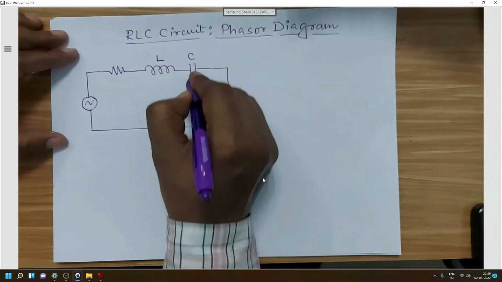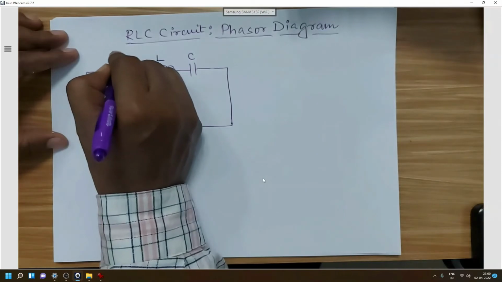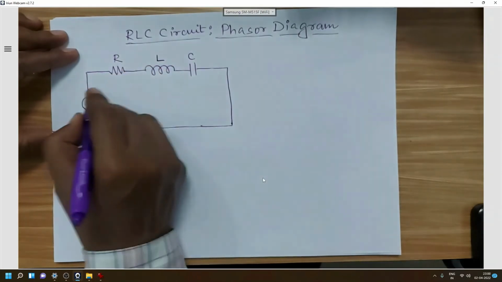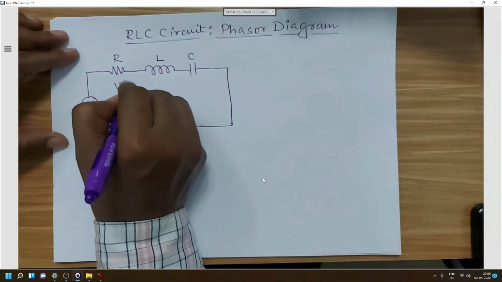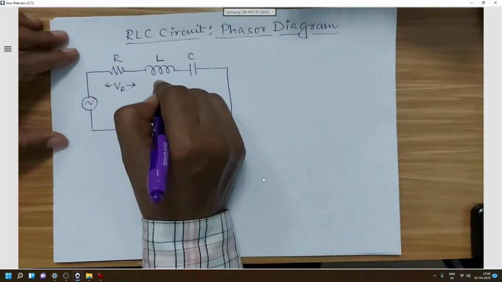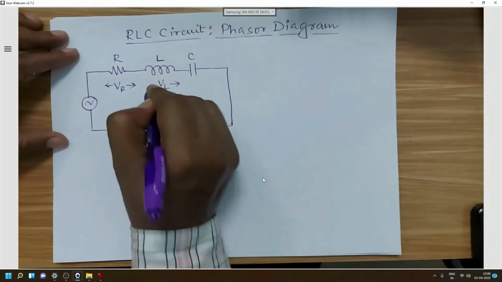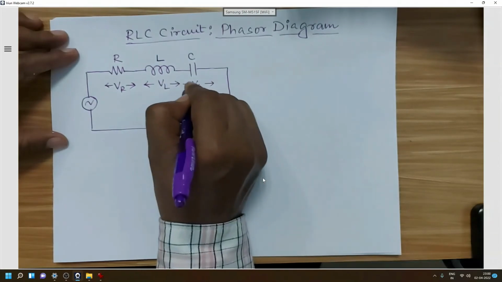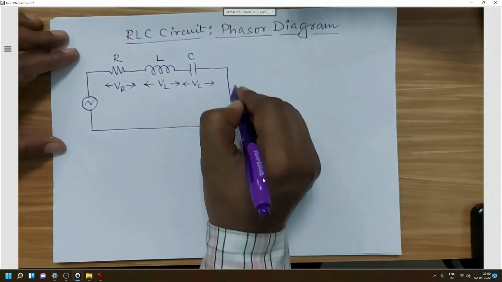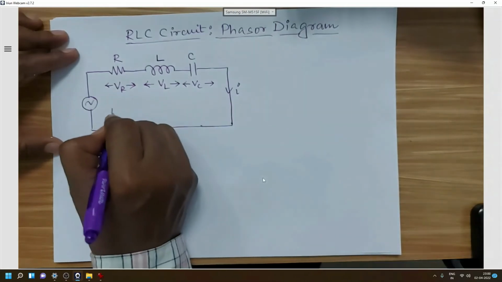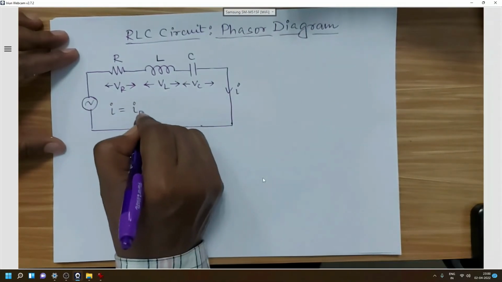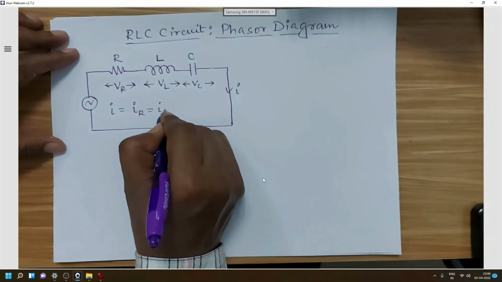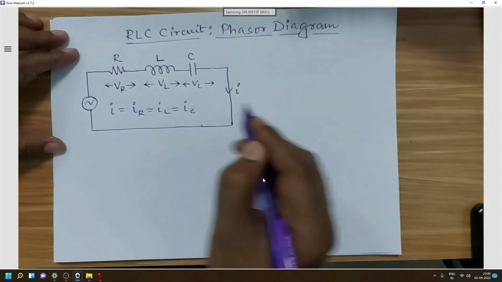C is the capacitance of the capacitor. R is the resistance of the resistor. So VR is the voltage drop across R, VL is the voltage drop across L, and VC is the voltage drop across C. Current is passing as I, and I equal to IR equal to IL equal to IC.